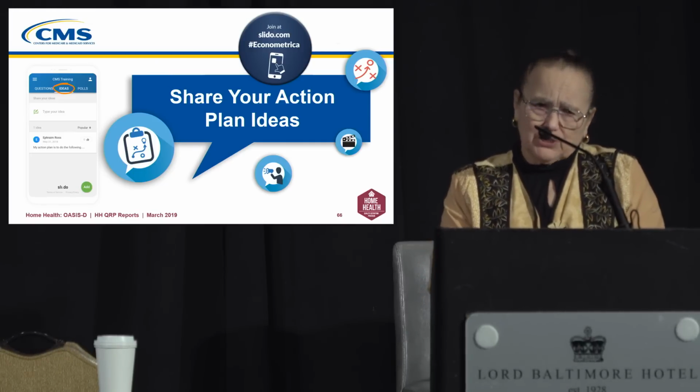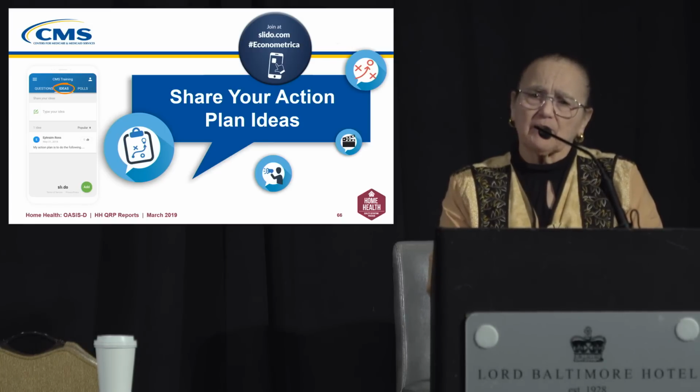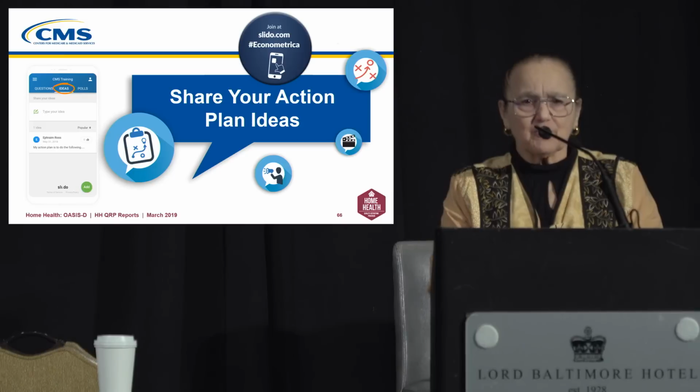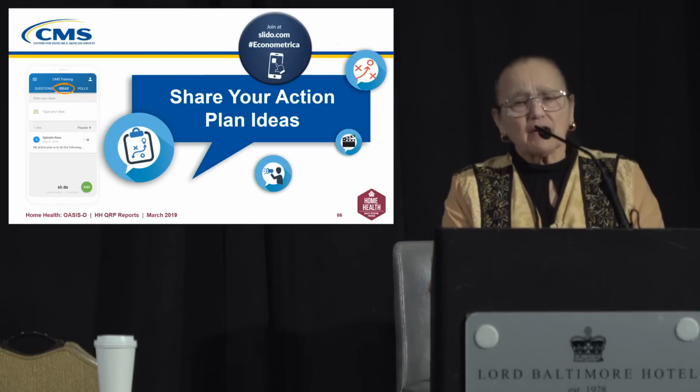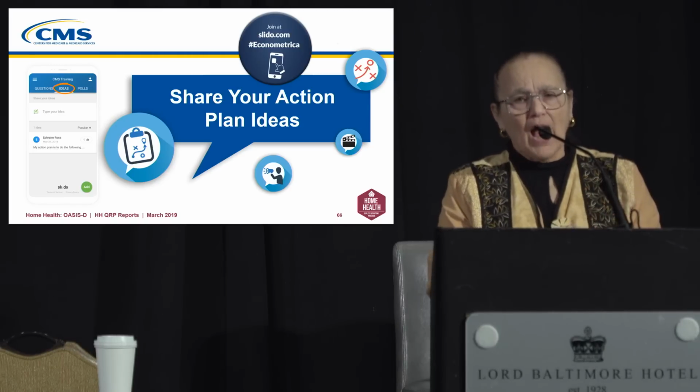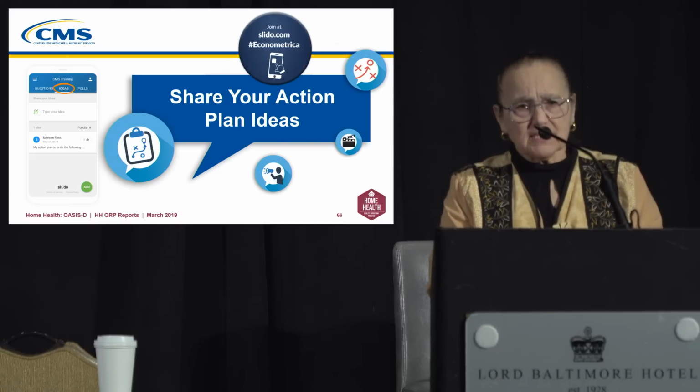I would encourage you, when you go back to your agency, to sit down and think about agency policy and practice. Think about your quality assurance performance improvement plan. Think about how these reports could help you. And then you want to think about policy and practice in terms of how often would I run these reports? Which ones would I run monthly?